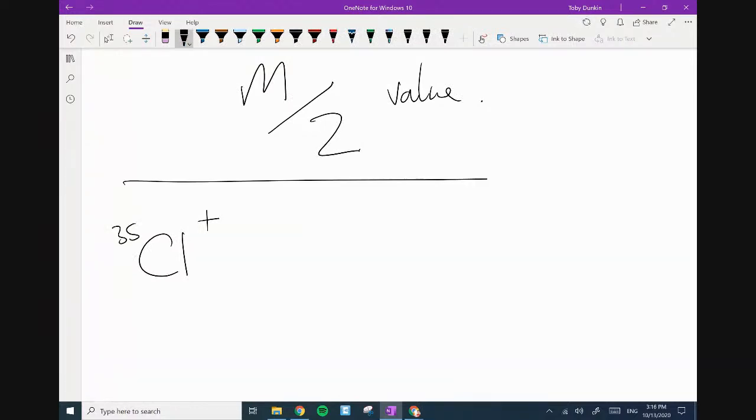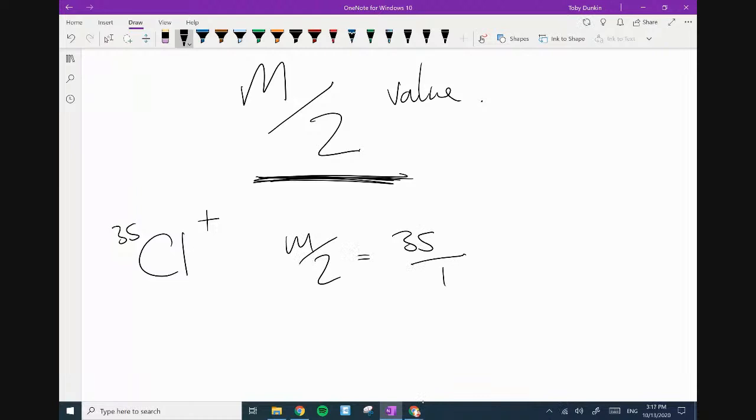I don't like doing that, so I'm just going like that. So for Cl, the m over z is 35. I'm going to write this down as m over z equals 35 over 1. That's a z. Yeah, m over z value 35.